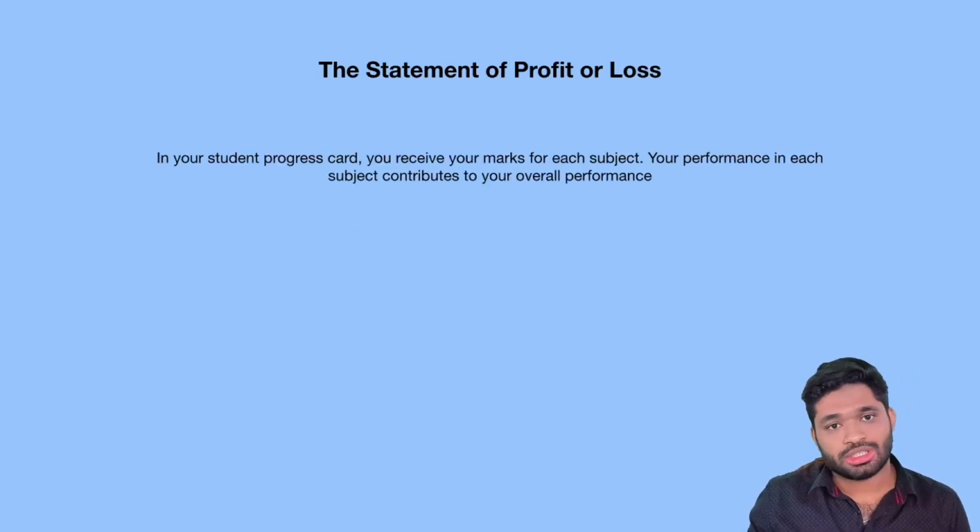Now in your student progress card, you receive your marks for each subject. Your performance in each subject contributes to your overall performance, right? When you say overall performance, it's your class position and your average. If it's a degree that you are pursuing, the first class or the second class of the degree is basically decided based on the performance in your subjects or the modules in your degree program over the time period, right?